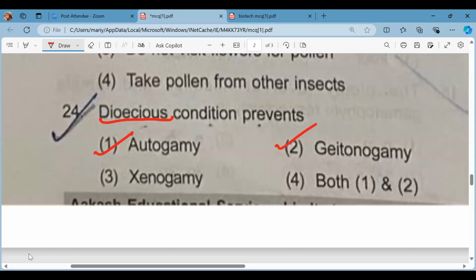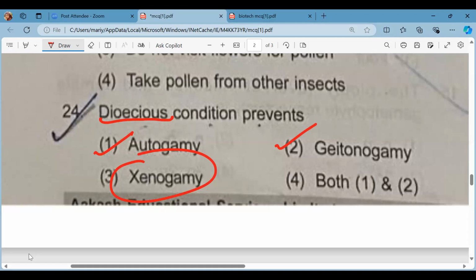Then why would xenogamy happen? Your answer is right. Explain why would xenogamy happen? Because it's the transfer of pollen grains from one anther to the stigma of a different plant.